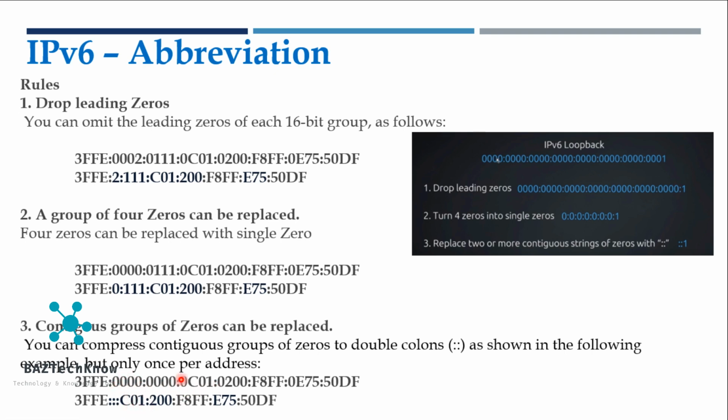I remove these eight zeros with a double colon, and then simply write CD01. But if I had another group of zeros over here, I should not use the double colon over here.